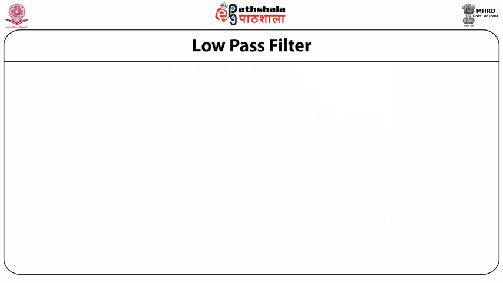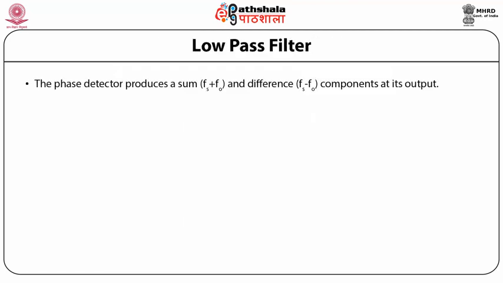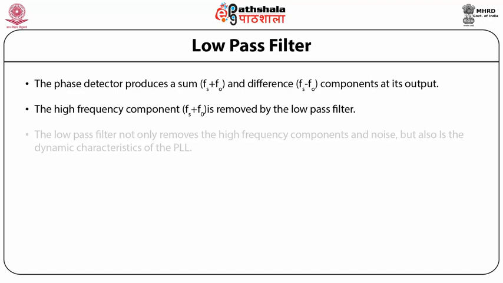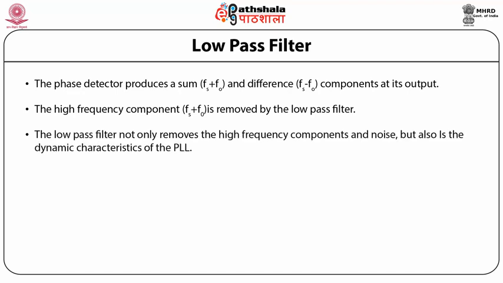Low pass filter. The phase detector produces sum Fs plus F0 and difference Fs minus F0 components at its output. So the high frequency component Fs plus F0 is removed by the low pass filter. The low pass filter not only removes the high frequency components and noise, but also influences the dynamic characteristics of the PLL.